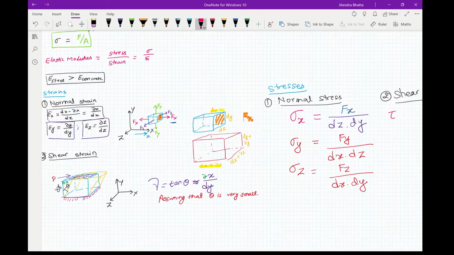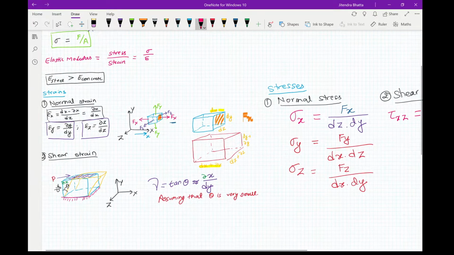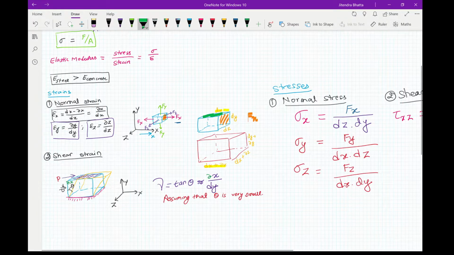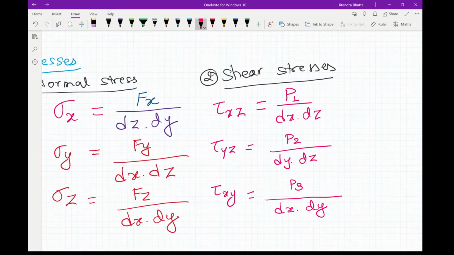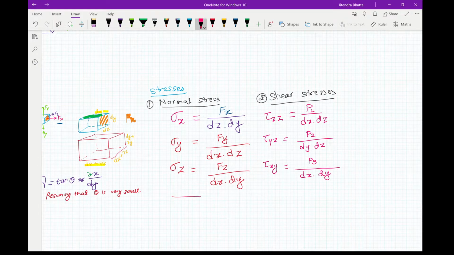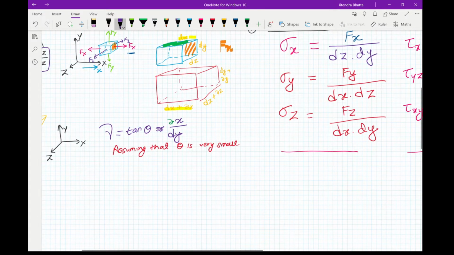Therefore, this stress can be named as tau xy, which will be equal to our applied force P divided by the area, which is dx dz, which is this area here, the top area. Similarly, so these are our normal stresses and shear stresses. These stresses are normally obtained through experiments in the lab.